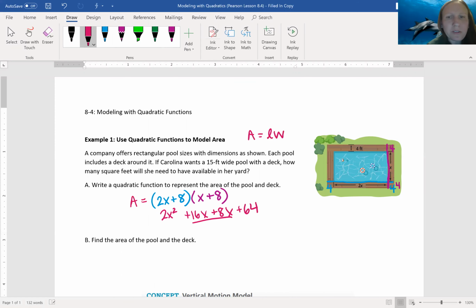And then we combine those two like terms together in the middle. And let's write it so it looks more like a function. So we'll say f of x, which is really just area, is 2x squared plus 24x plus 64.